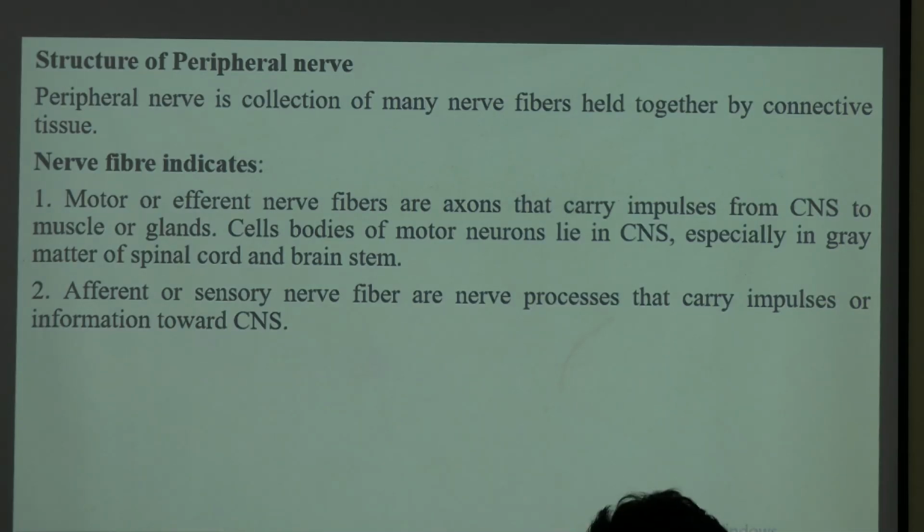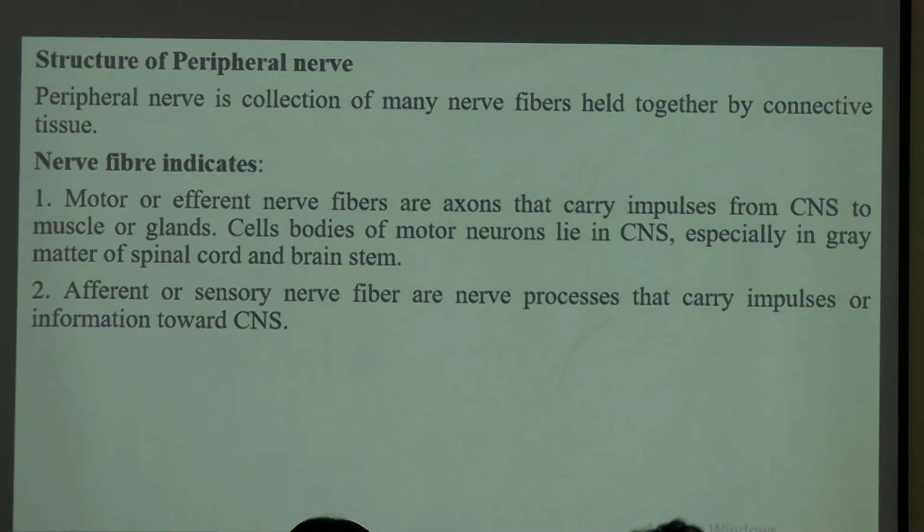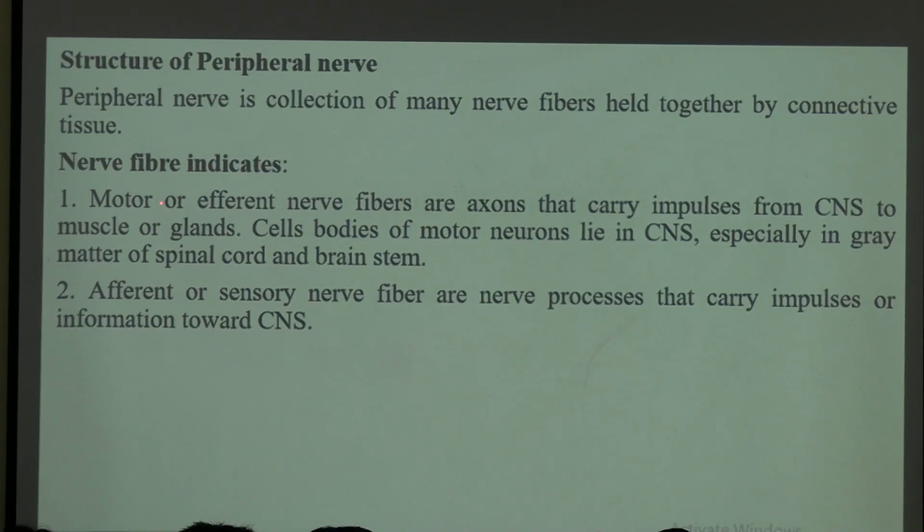Now, if you see the peripheral nerve, it is the collection of many nerve fibers which are held together by connective tissue. If you remember the skeletal muscle fibers, you will see some similarities over here. In a nerve, two types of fibers are there: motor fibers and sensory fibers.